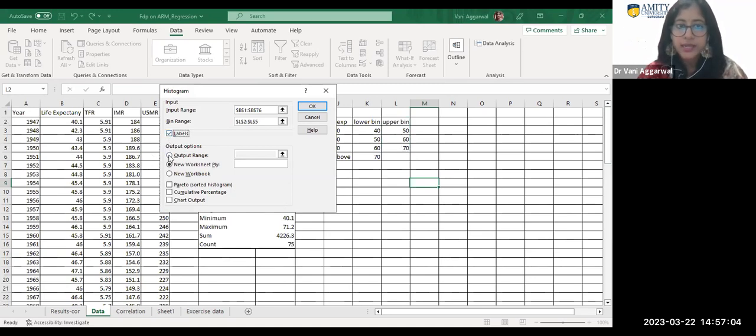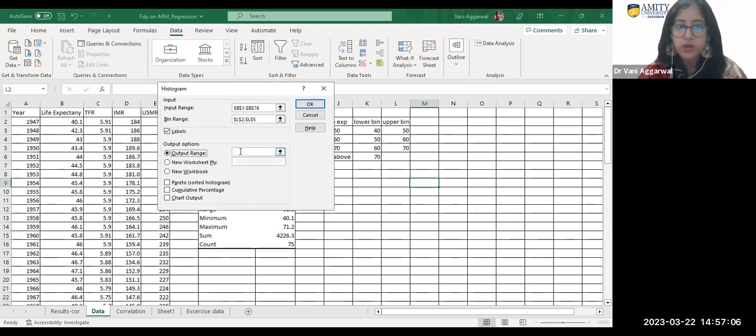Okay, select output range. I want it on the same sheet. So I'm selecting this. Now I want chart output. So input range is your variable, bin range is upper bin, and click on labels, then output range, then chart output. Click on OK.